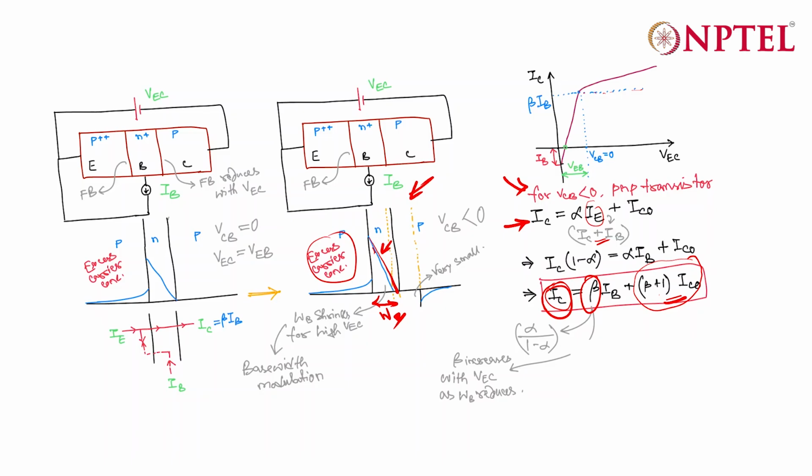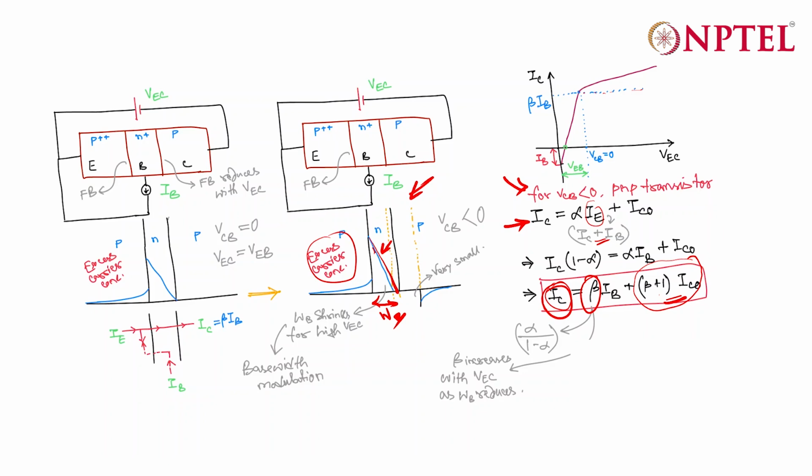In the previous cases we ignored it because even after that the situation was more or less explainable, but in this case you have to consider the depletion width, and your depletion width will increase as you increase the VEC beyond this point, and this will lead to a base width modulation, or the reduction of base width, that is WB, which actually affects your alpha.